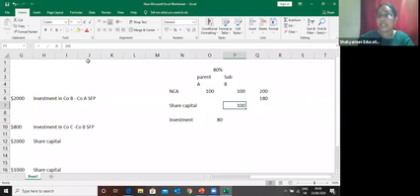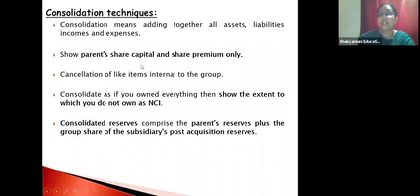Both 80s get eliminated, and 20% is there, held by non-controlling interest. We show that separately as non-controlling interest, not as share capital of the subsidiary. There is no share capital of the subsidiary because we are clubbing parent and subsidiary. Now A and B are a single entity, and the entity will have only one share capital, that of the parent. Very important concept and very important logic. Show the parent's share capital and share premium only.